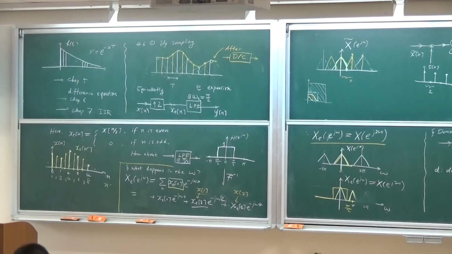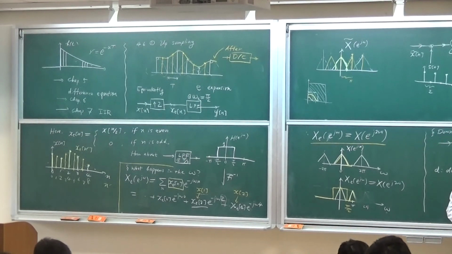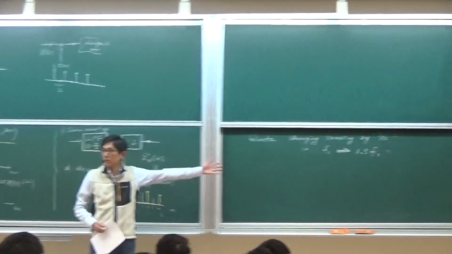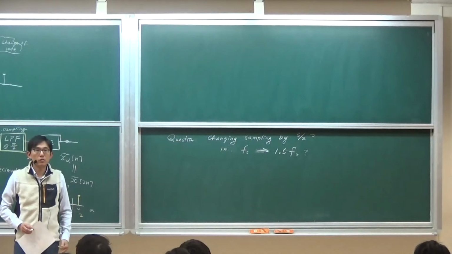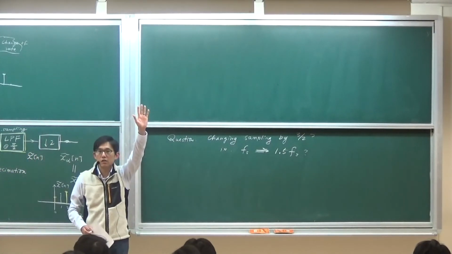Any suggestion? What if the desired ratio of sampling rate conversion is not an integer? What if it is a fractional number, a simple one, let's say 3 divided by 2, a factor of 1.5? What should we do? Any suggestion?